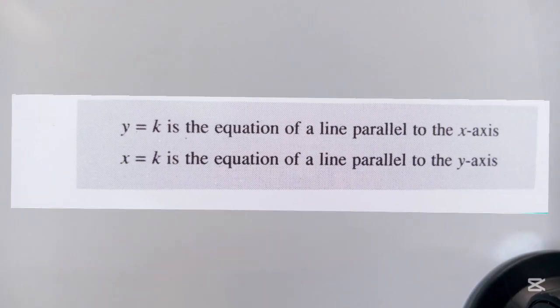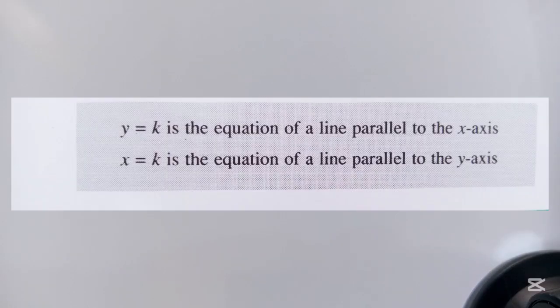We have to note this: y is equal to k is the equation of a line parallel to the x-axis. Then x is equal to k is the equation of a line parallel to the y-axis. k is just simply the constant of that equation. So that's how we find the equation.